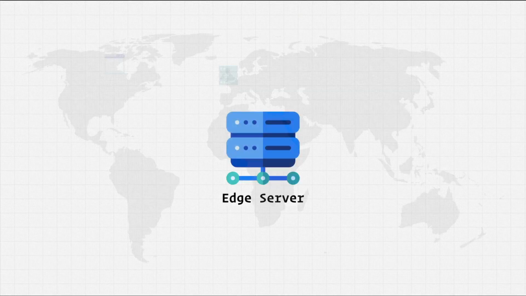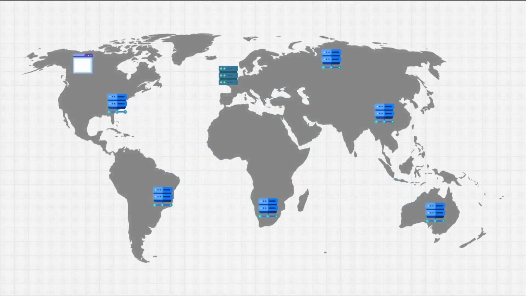So what we can do is we use what's known as an edge server. Now, an edge server is a bunch of servers that live in different parts of the world. They are localized servers that hold the same type of information that the browser is asking for from the origin server.